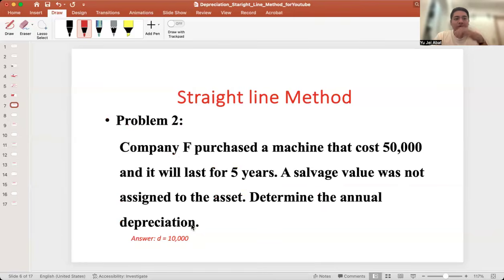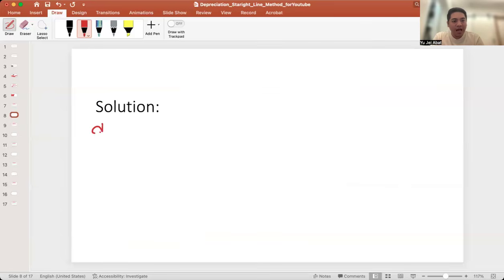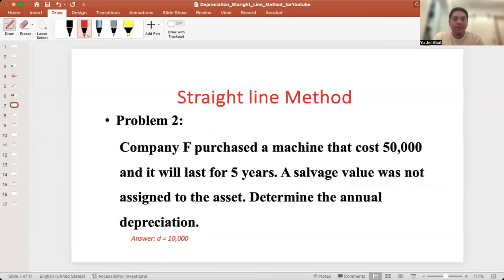Okay, so for number two, Company F purchased a machine that costs 50,000 and it will last for 5 years. A salvage value was not assigned to the asset. Determine the annual depreciation. So again, we are asked for the annual depreciation, which is D equals C sub O minus C sub L all over L. Based from the given, we have 50,000.